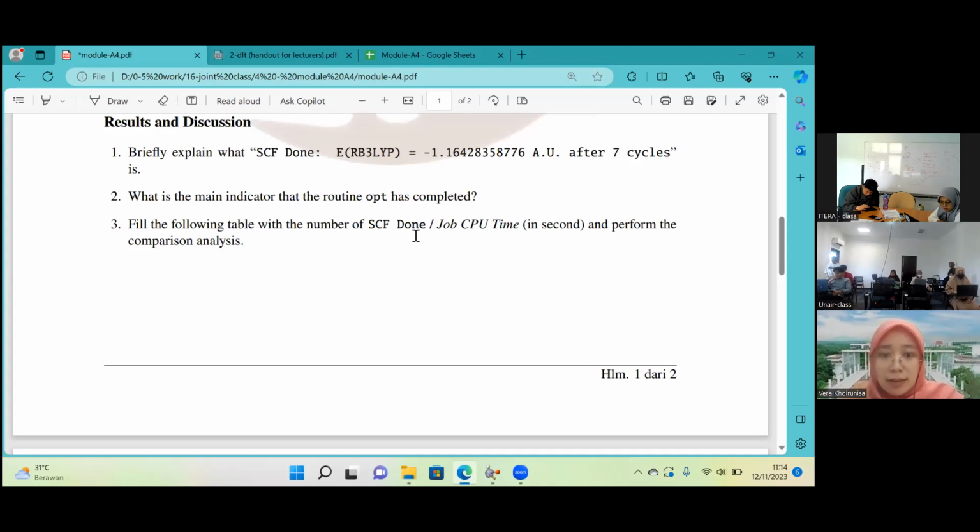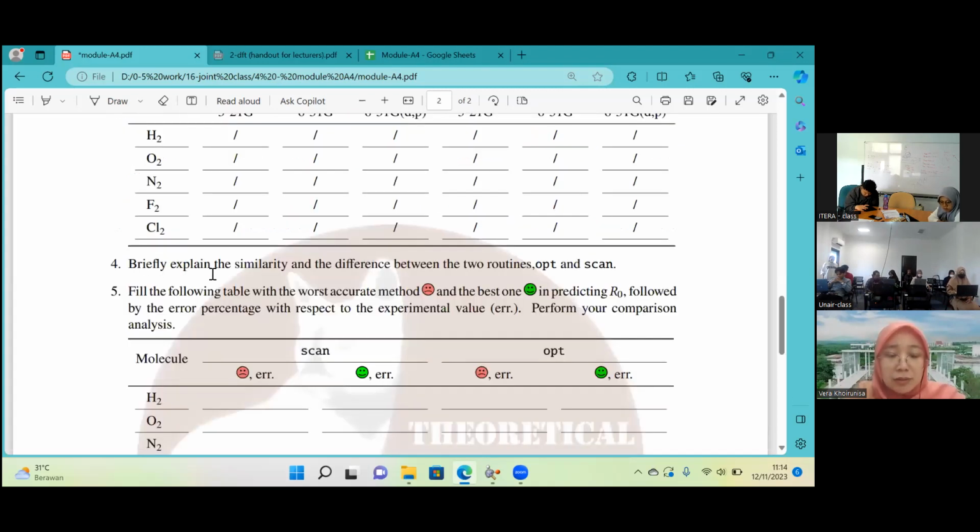And then the number of the SCF done, the number of iterations in the optimization step, and job CPU time. I think 1 until 3 is very clear. And for the 4, you need to tabulate first and then see the difference between the two routines.